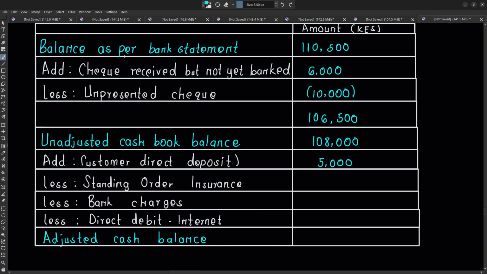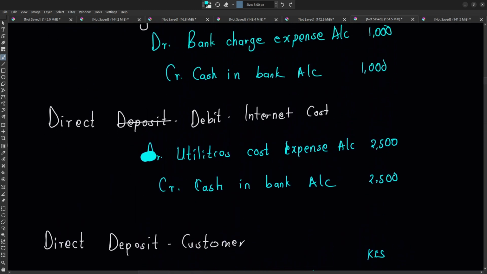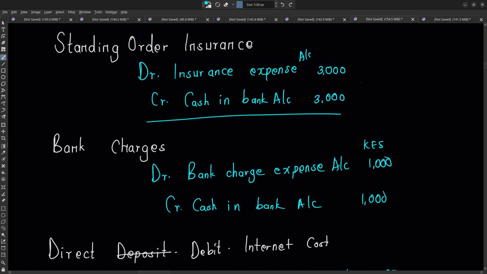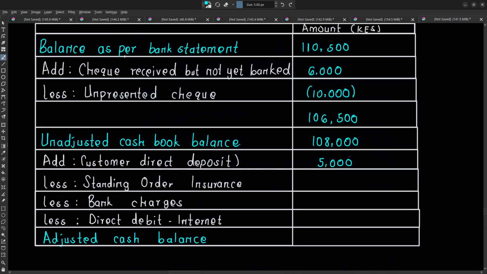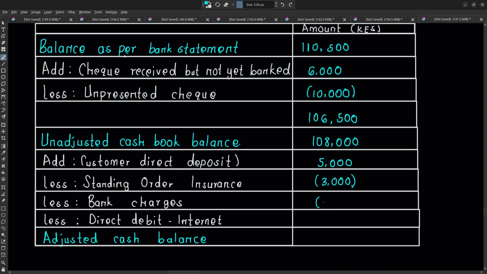Then we less standing order insurance because this is money out from our account. You can see it is a credit of 3,000, so it's less 3,000. Then we less bank charges. Bank charges also is a credit to the cash account, so we less 1,000.